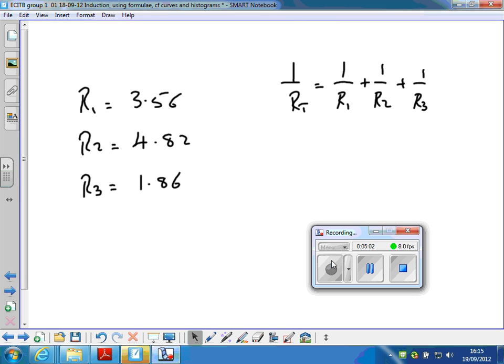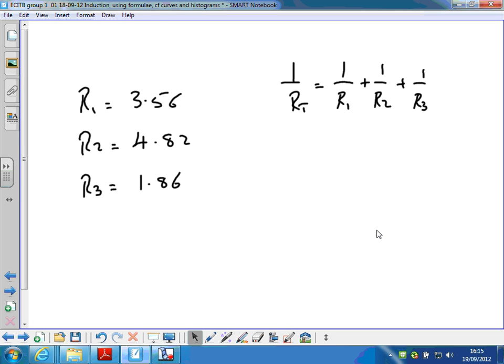Without writing anything down, work out what that total resistance is, please. One hit on the calculator.